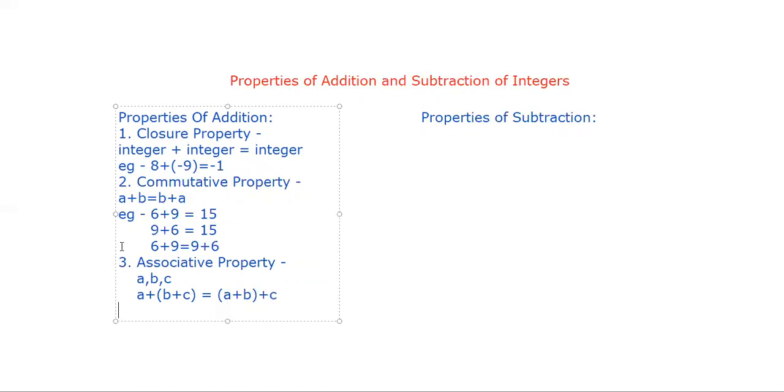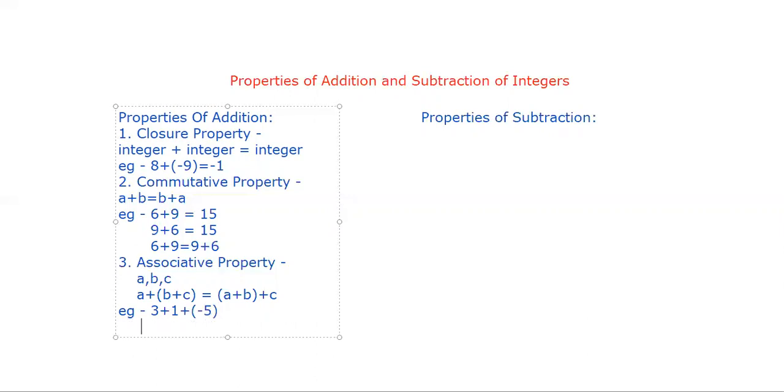For example, we always take an example when we try to understand these things. If I have three numbers like 3 plus 1 plus, I will take a negative integer also here, minus 5.